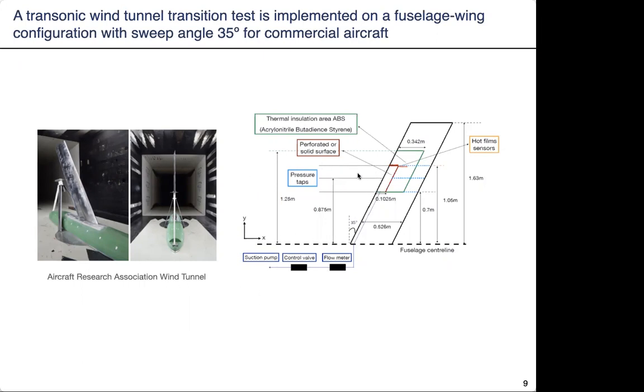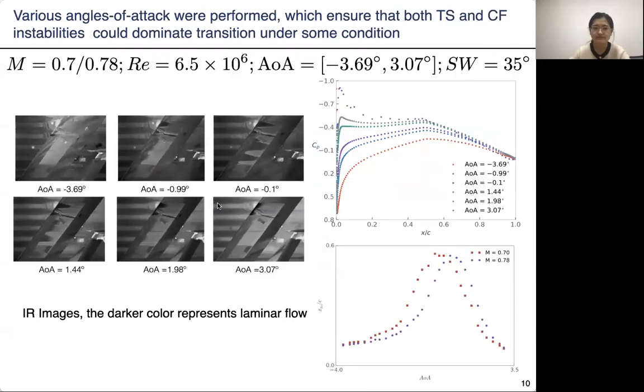This test is designed to research both the natural laminar flow and the hybrid laminar flow. Close to the leading edge, here it is a changeable panel. When it is for the natural laminar flow, it is a solid panel. When it is for the hybrid laminar flow control, here it is a porous panel. And the green range here is the test section.